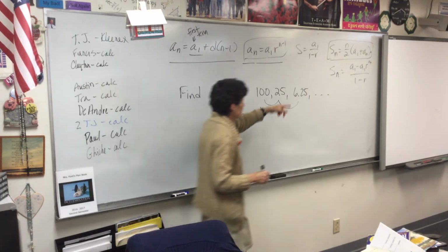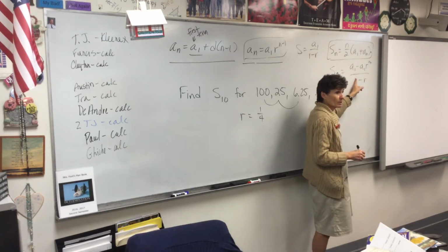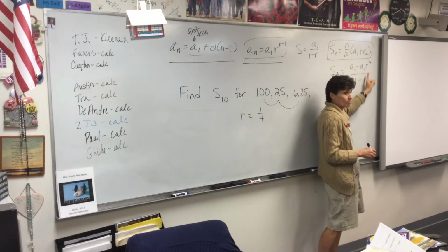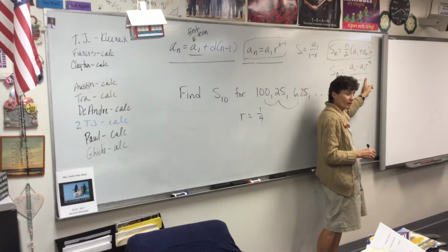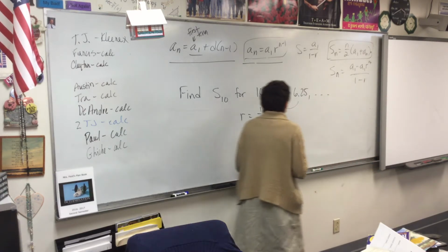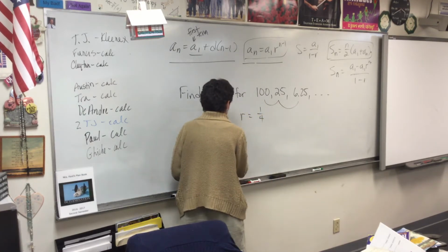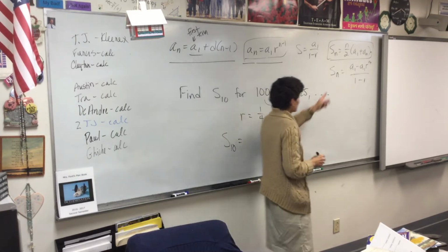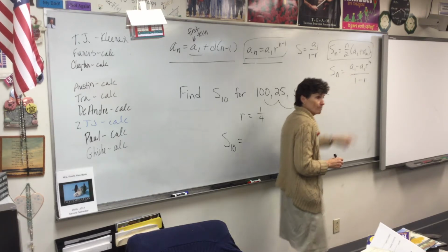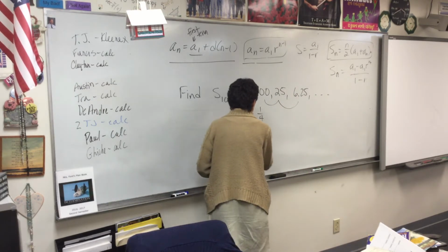That is the number that I am multiplying by to get from term to term. Okay? This formula right here is the one I'm going to use then because it's a sum and it has a ratio spot in it. The ratio is the number I multiply by in a geometric series. So S sub 10. So already they're telling me n is 10. That means my first term is 100.